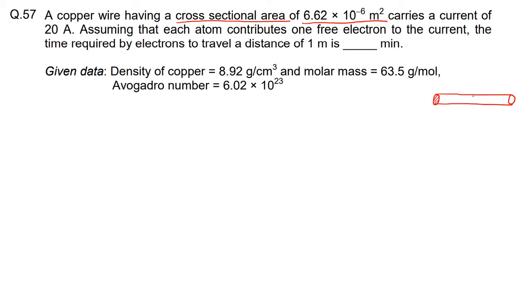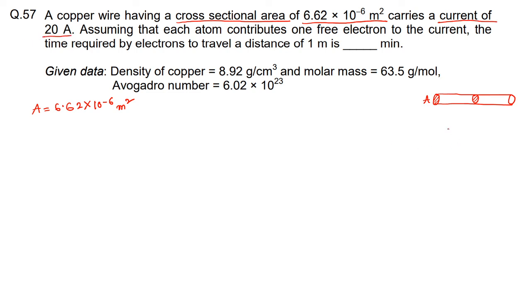Suppose this area is A, where A equals 6.62 into 10 to the power minus 6 meter square. Next is the current flow.